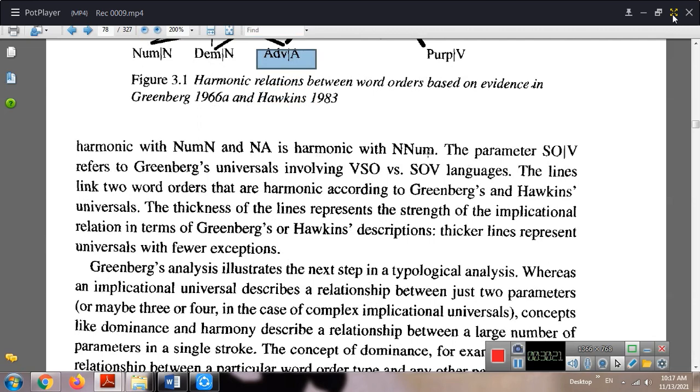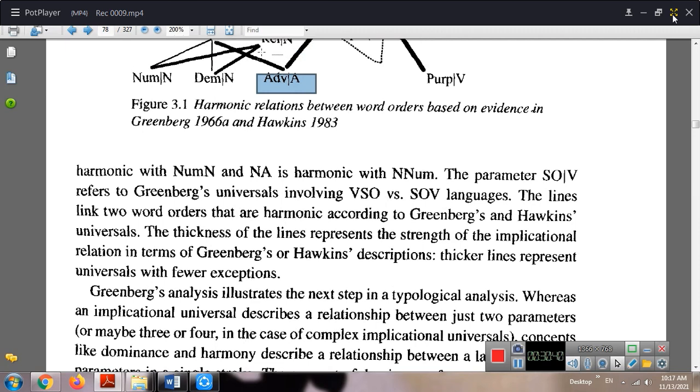The parameter SOV refers to Greenberg's universal involving VSO versus SOV languages. The lines link two word orders that are harmonic according to Greenberg's and Hawkins's universals. The thickness of the line represents the strength of the implicational relation in terms of Greenberg's or Hawkins's description.